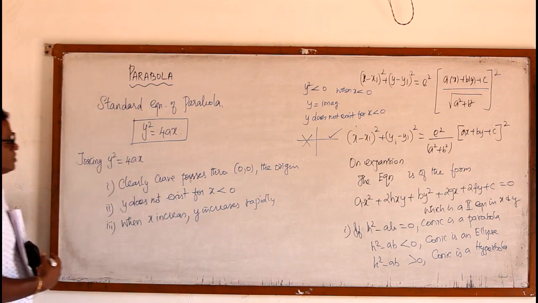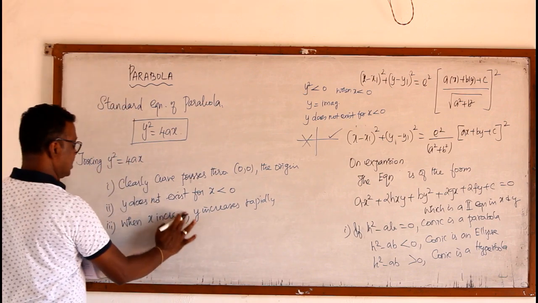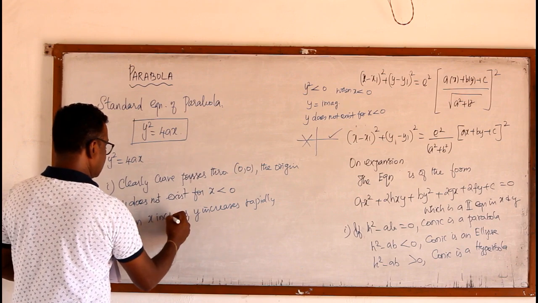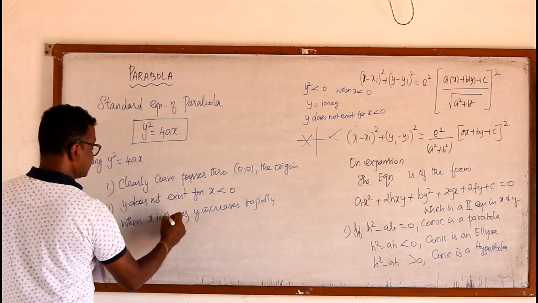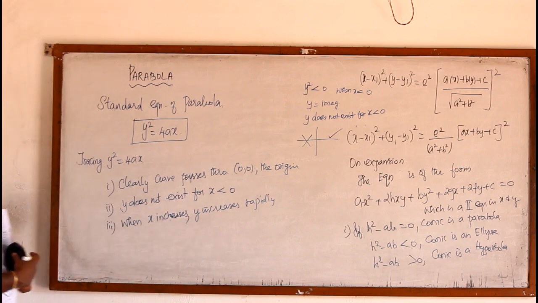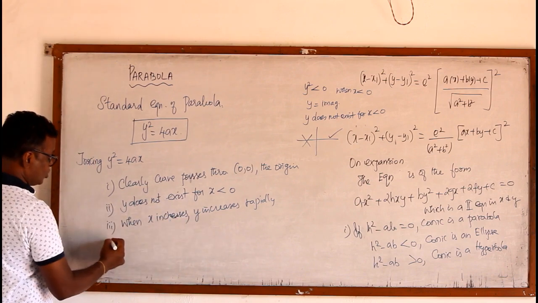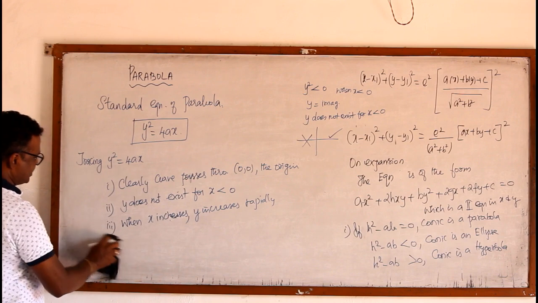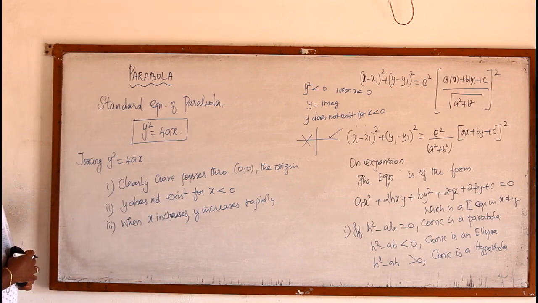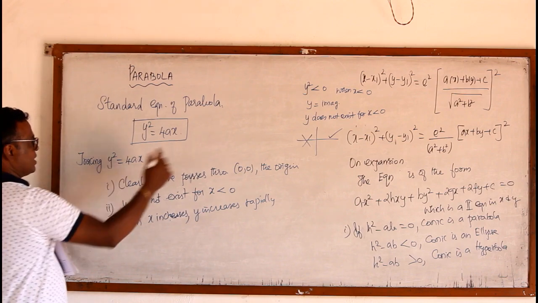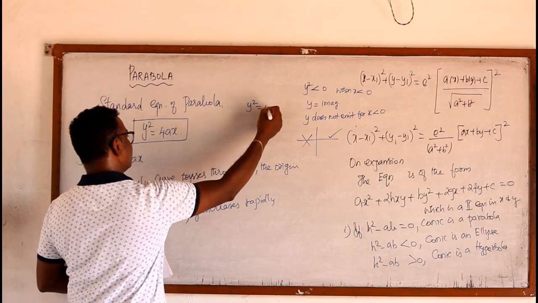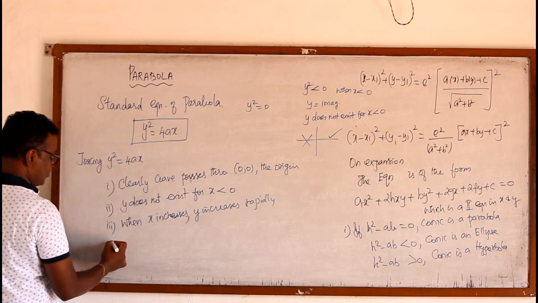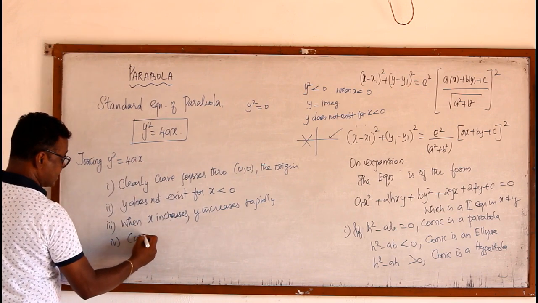Then the fourth one: with these three points itself we can try to draw this curve. But when y square is a given value, y may take a negative value or a positive value. Therefore, the curve is symmetric about the x-axis.